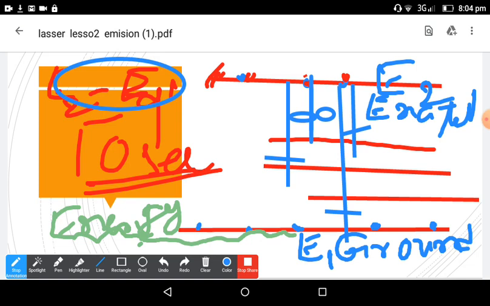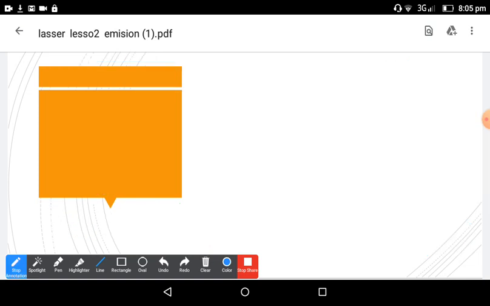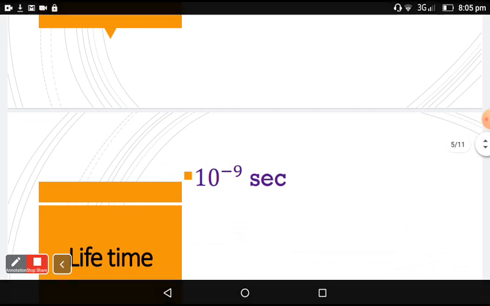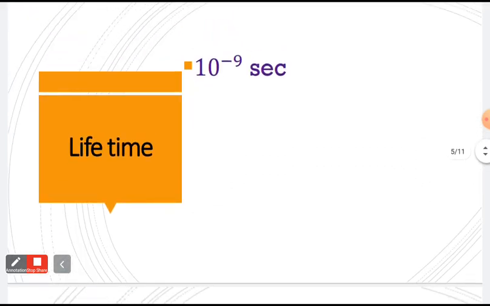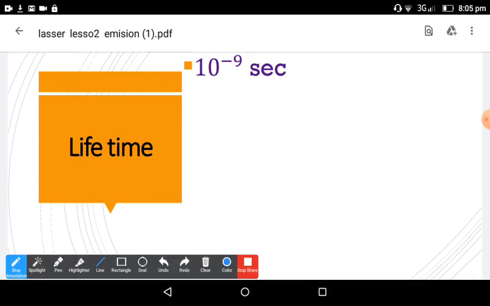The energy or the radiation released by the atoms consists of many wavelengths. This is known as spontaneous emission of radiation. In spontaneous emission of radiation, the lifetime of the particle is 10 power minus 9 seconds only. After the lifetime, it will definitely come down, releasing one photon.